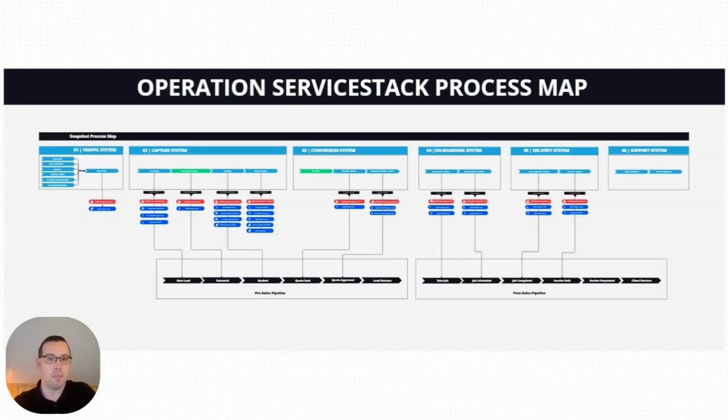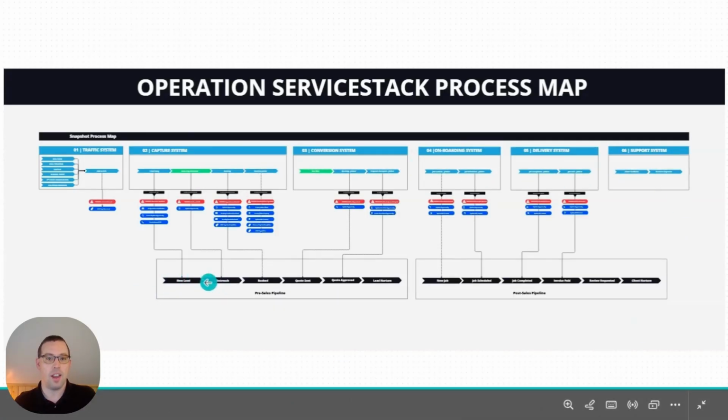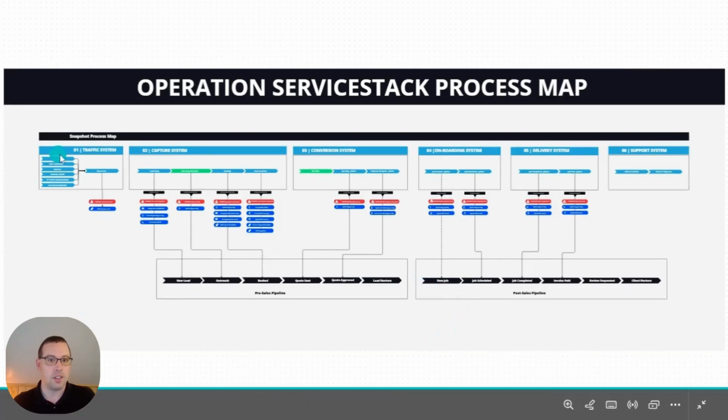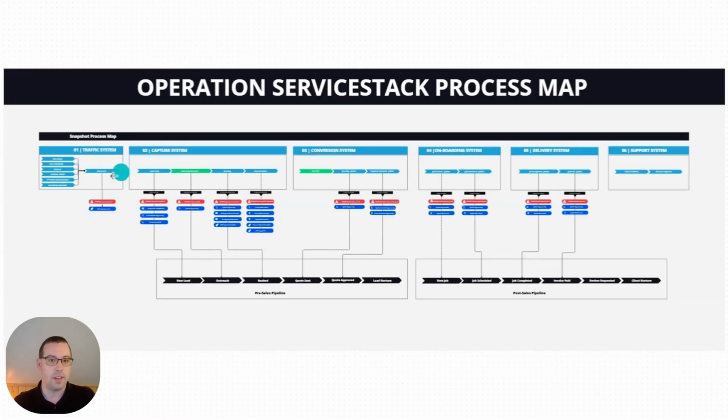Here is our process map that goes along with the system that we're going to build together. You can see that we have a horizontal flow here for our customer journey. And here we have a horizontal flow for our pipelines. Our system uses two, one for pre-sales and one for post-sales. As the customer enters the system, they'll go through the traffic system and then the capture system.